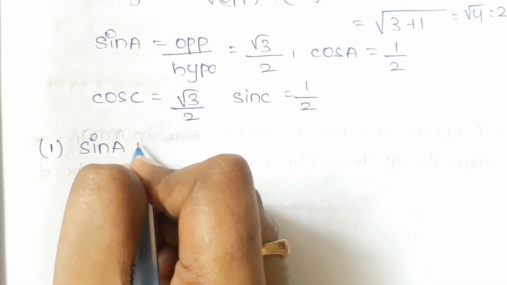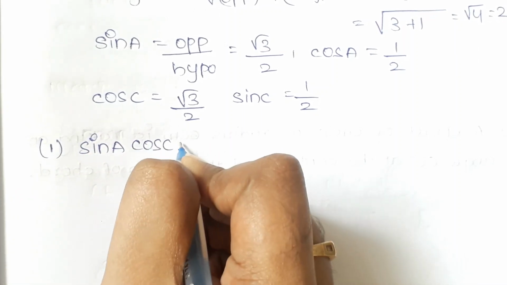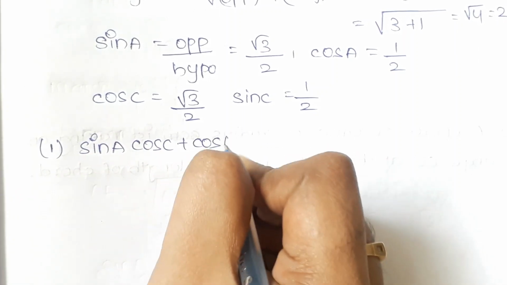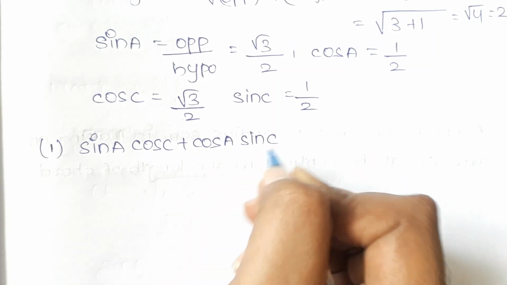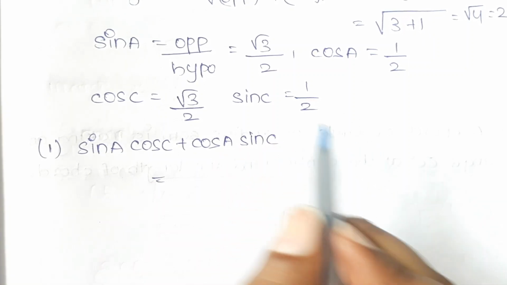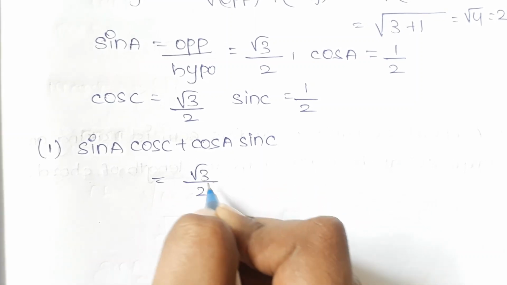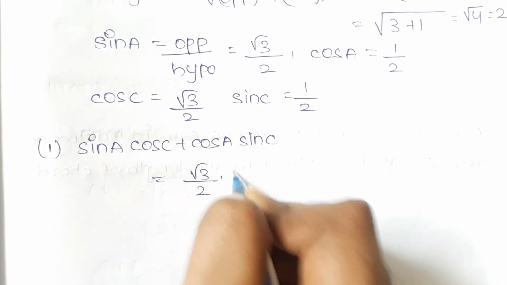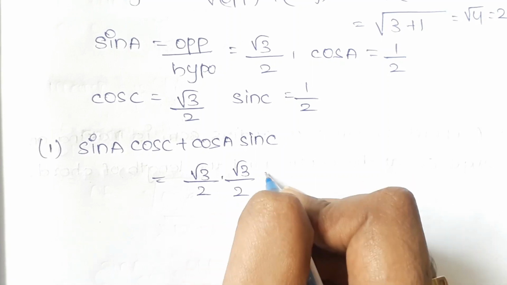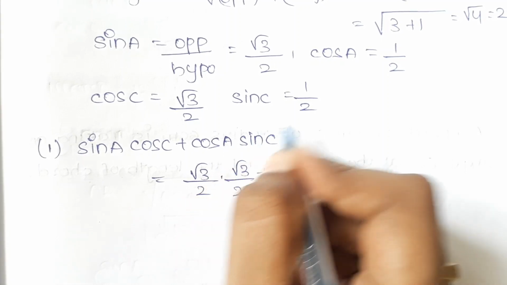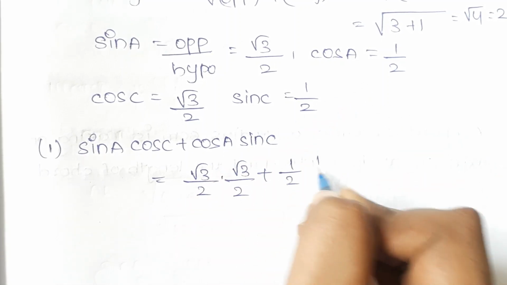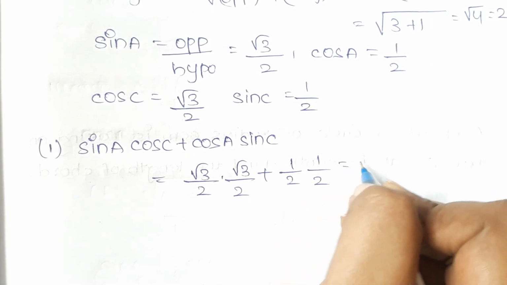Now let us solve the questions, that is sin A cos C plus cos A sin C. Here we know that sin A is nothing but root 3 by 2 and cos C value also root 3 by 2, plus cos A 1 by 2 and sin C 1 by 2.